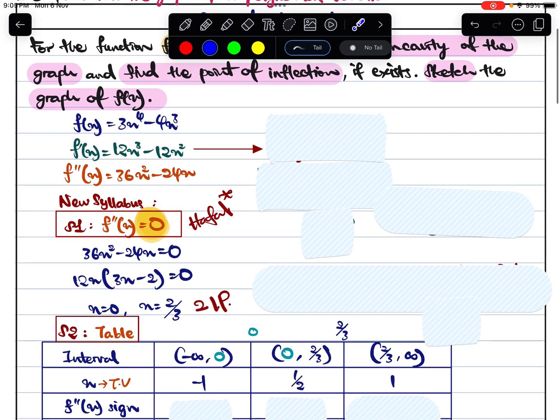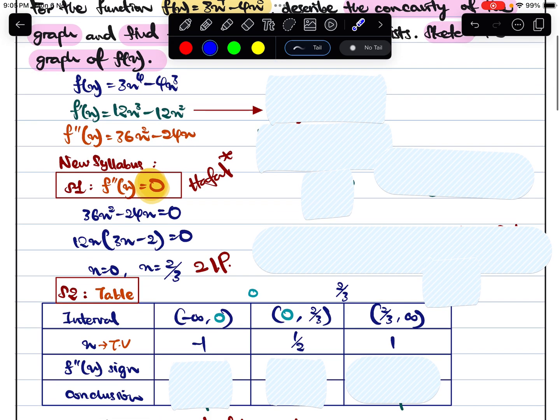And then go to the next step, which is the table. This table is helping you to find its concavity. Maybe it is best to write down here as concavity, because this is a concavity table actually. It's up to you whether you want to write down conclusion or concavity.